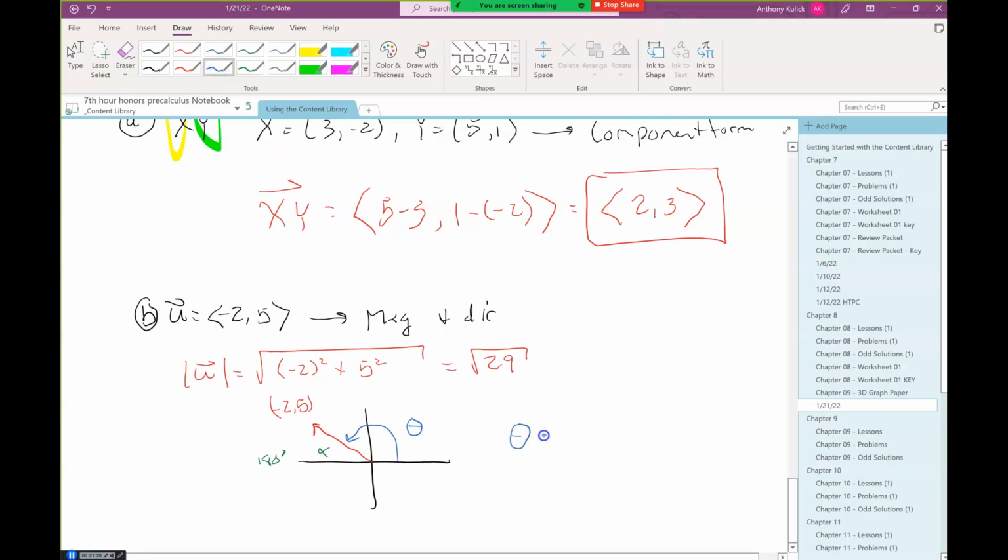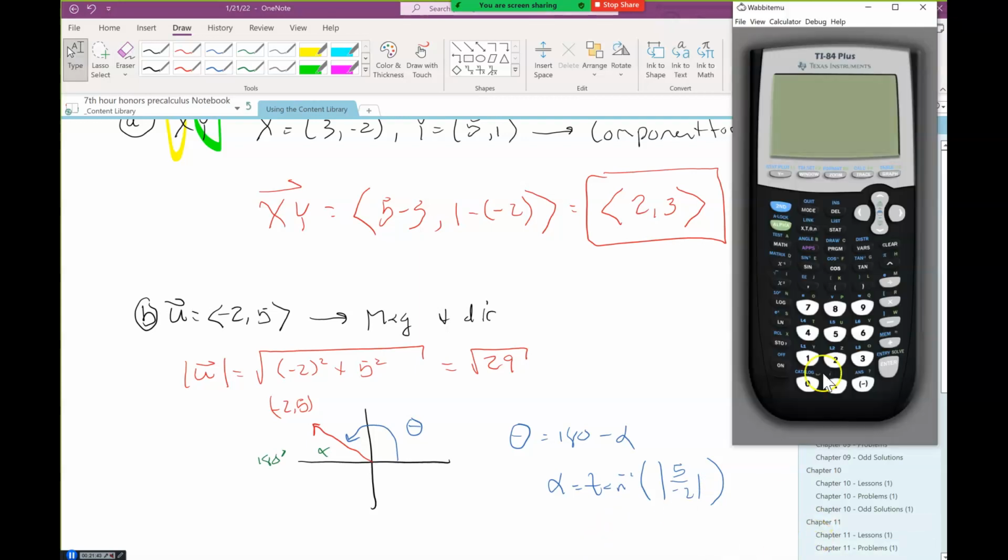So theta is just going to be 180 minus alpha, where alpha is the tan inverse of the absolute value of b over a. So I'll just go ahead to my calculator, 180 minus tan inverse. And I'm going to do the absolute value in my head just so I don't have to go through all the buttons to press to get that in there. So I get 111.8.